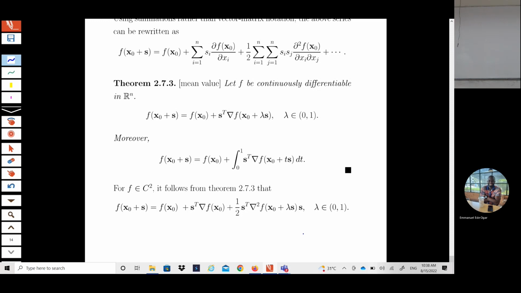Now what happens? You can see that the second derivative term has the form of a quadratic function. It's 1 over 2 s transpose multiplied with a matrix, and multiplied with s. In subsequent analysis, you will see that we focus on the positive definite property of this matrix.